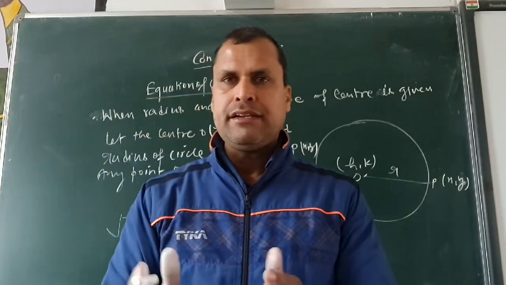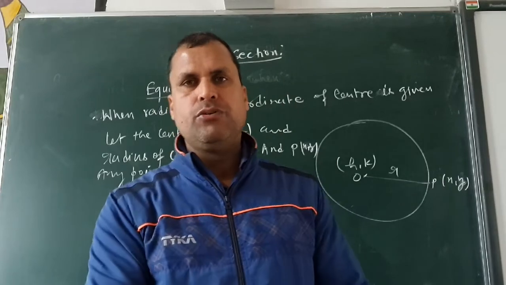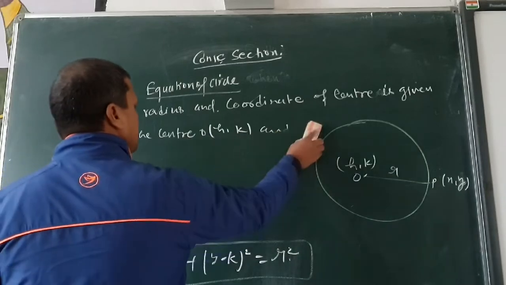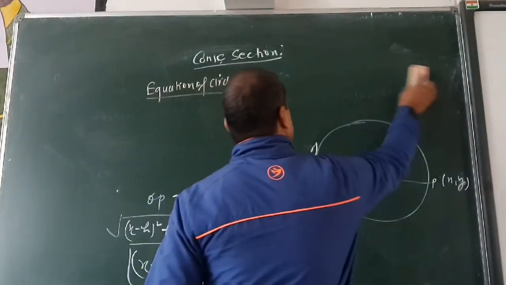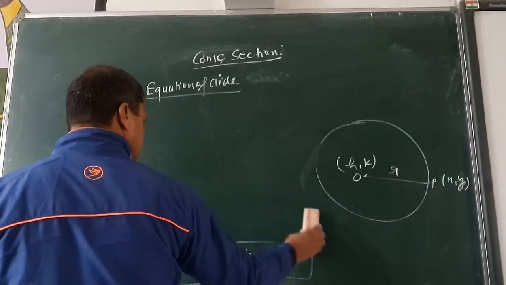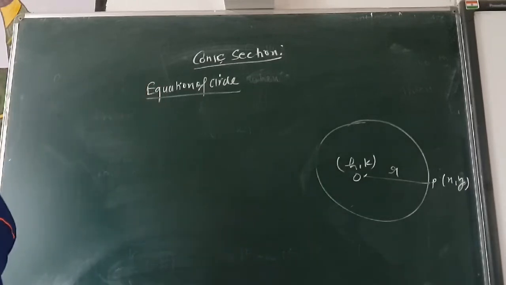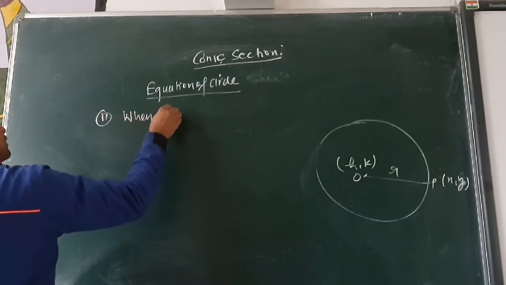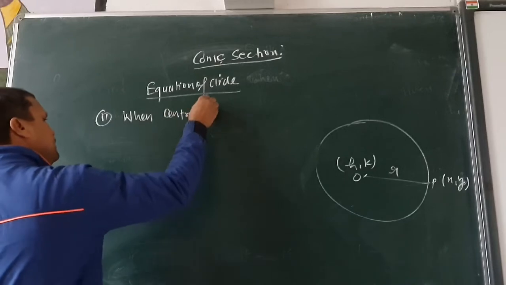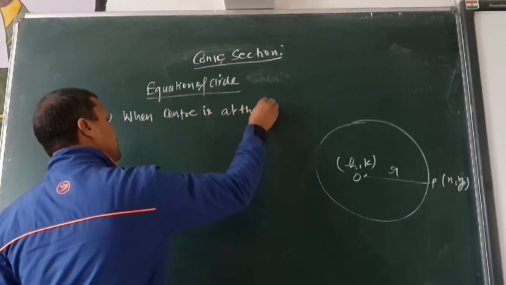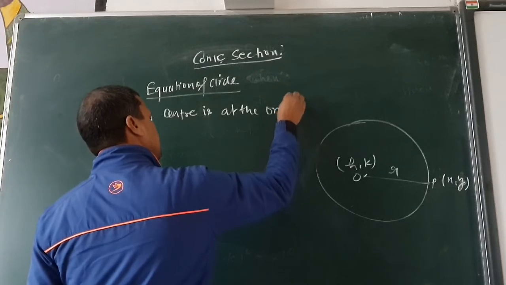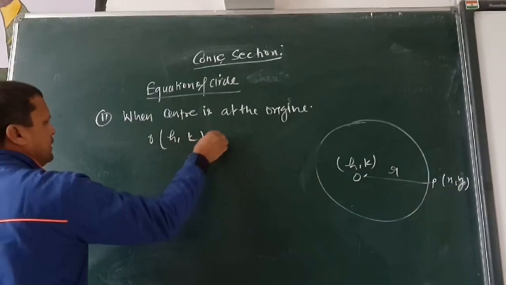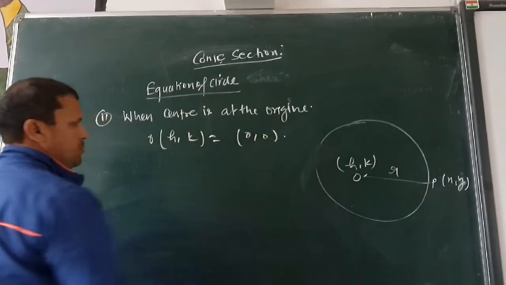Now the second point: when the center is at the origin, it means (h, k) is equal to (0, 0).